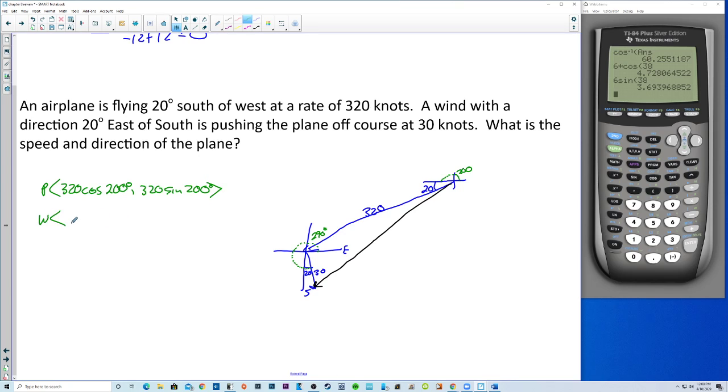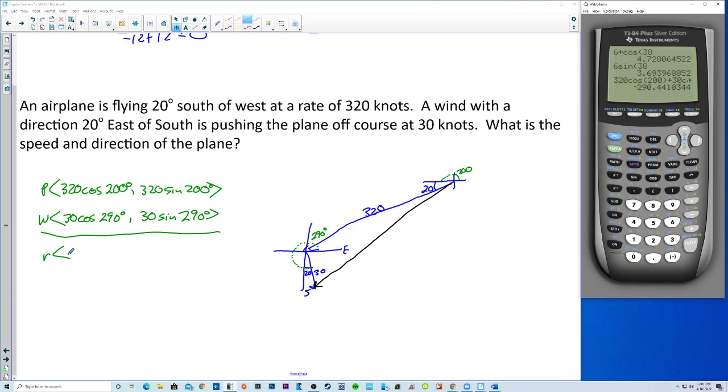The wind is, let's see, the magnitude is 30. 30 cosine of 290 and 30 sine of 290. So the resulting vector, the resulting path, is 320 cosine of 200 plus 30 cosine of 290.